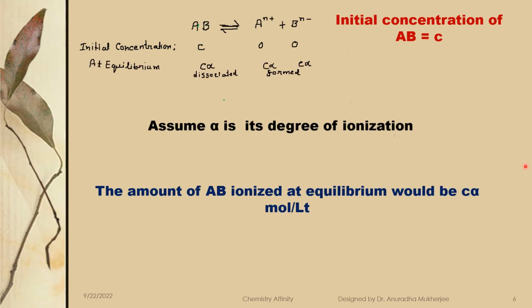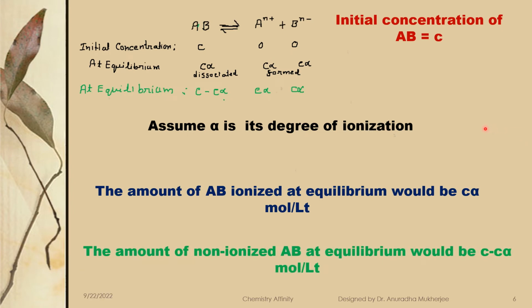Let's assume alpha is the degree of dissociation. So at equilibrium, C alpha of AB dissociates and it gives C alpha of A+ and C alpha of B-.